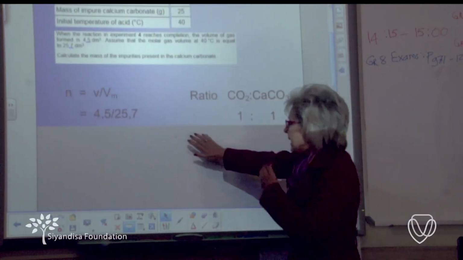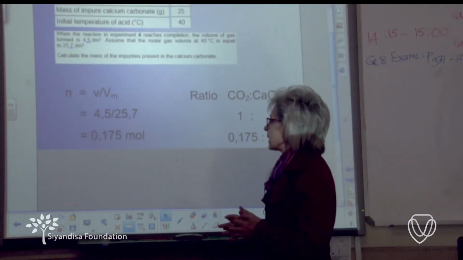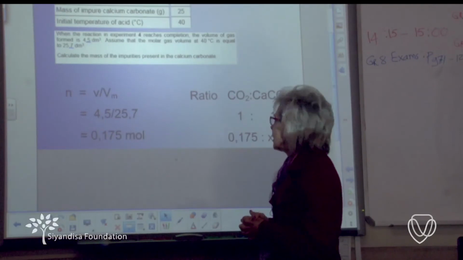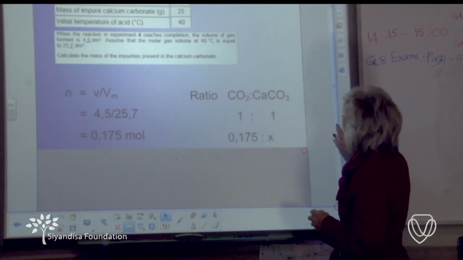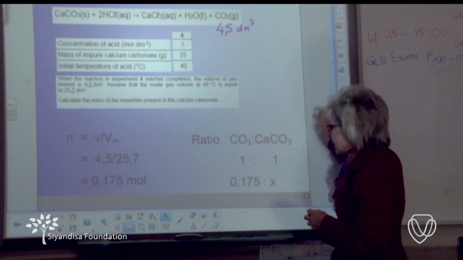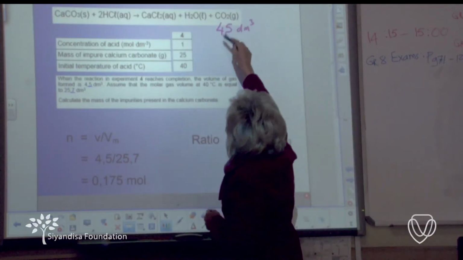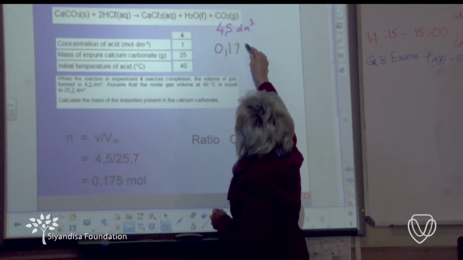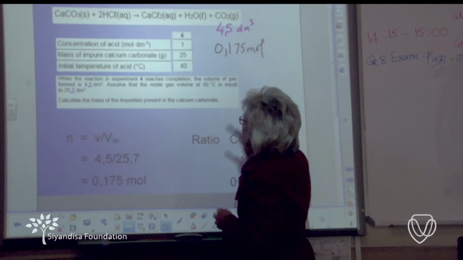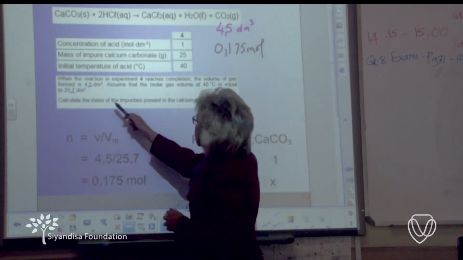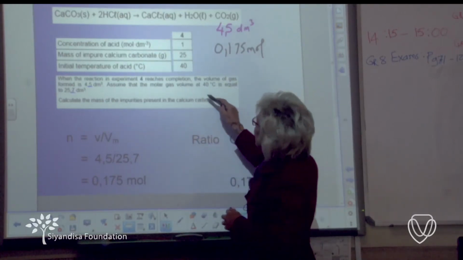Okay, so we calculate the amount of mole, and that means that 175 mole of carbon dioxide has been formed. So on my balanced equation, I go back and I can write down for that one, that value also represents 175 mole. The question is still the mass of impurities present in calcium carbonate.